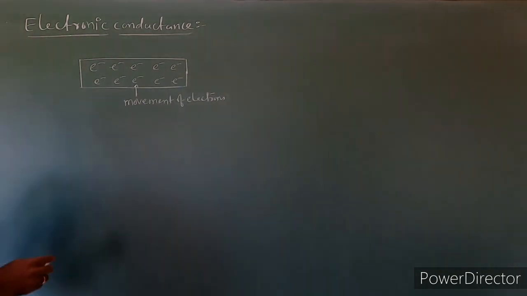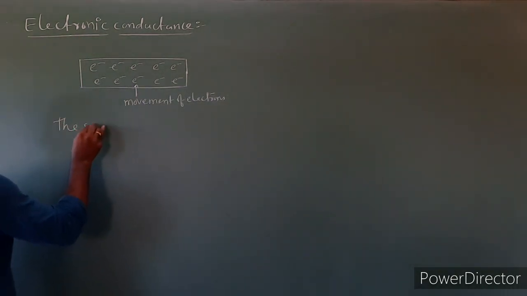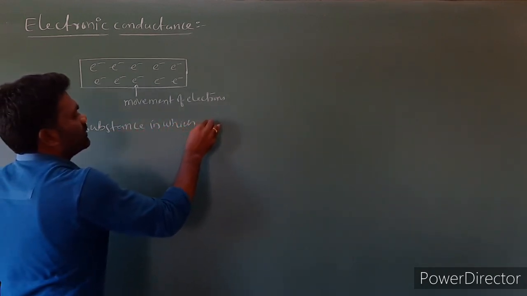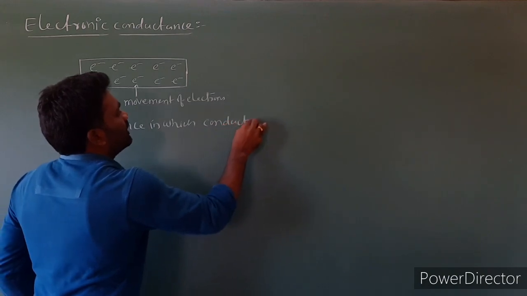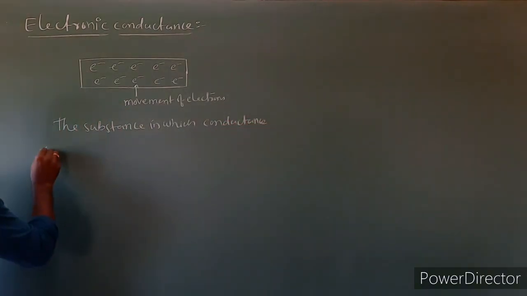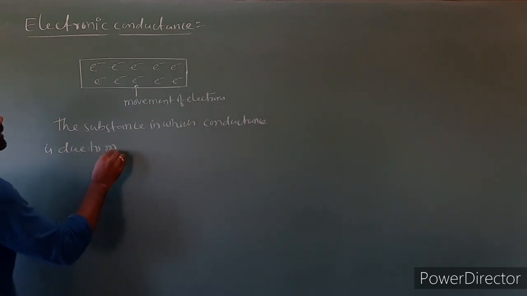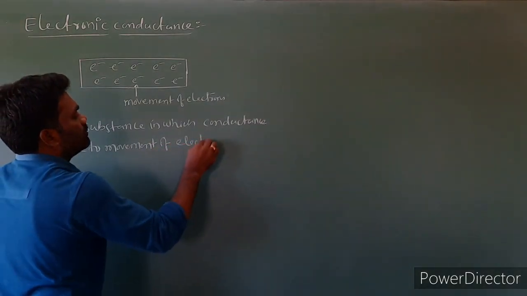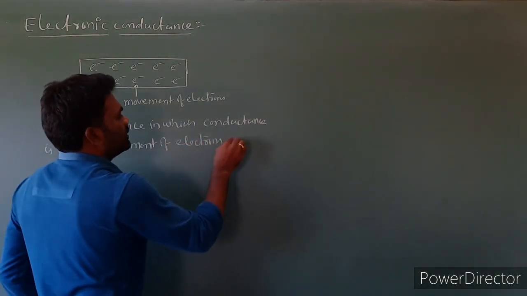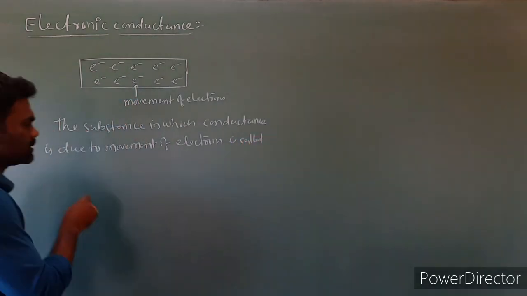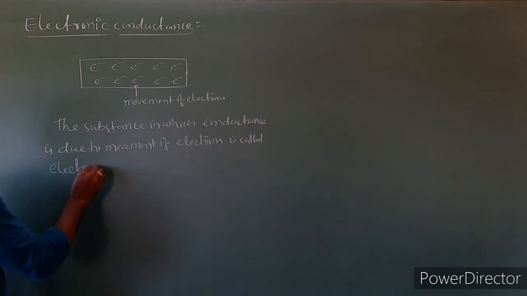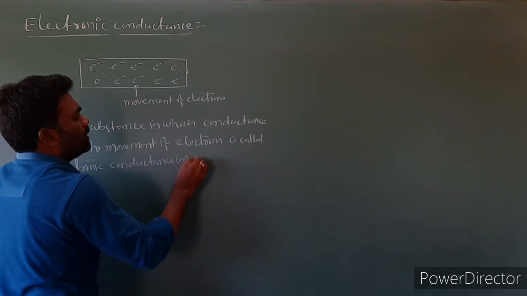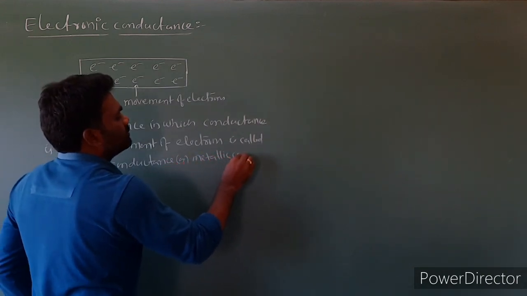Now let us write the definition of electronic conductance. The substance in which conductance is due to movement of electrons is called electronic conductance or metallic conductance.